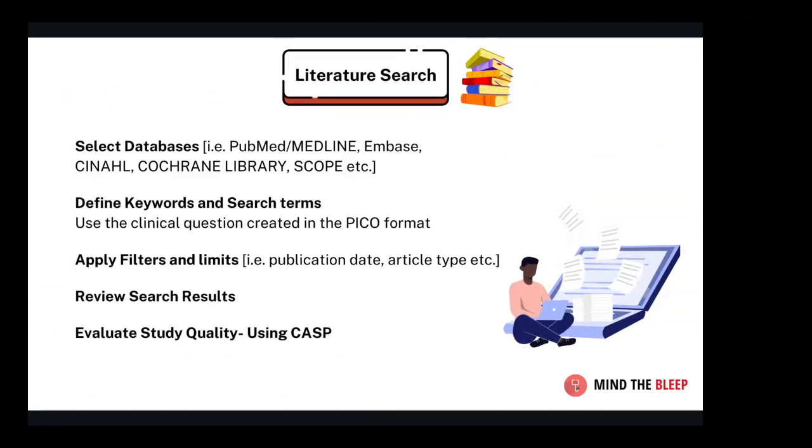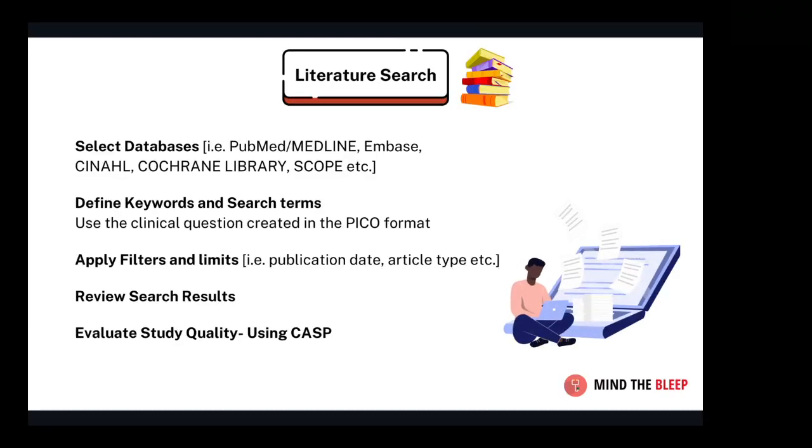So there's different filters that you can apply. Some of them can be things like publication date. So maybe you want to take a look at articles that were only published in the past year, or past 5 years, maybe even 10 years. And you can also look at the type of study that you want. So you want to take a look at just randomized control trials, case control studies, cross-sectional studies, and so forth.